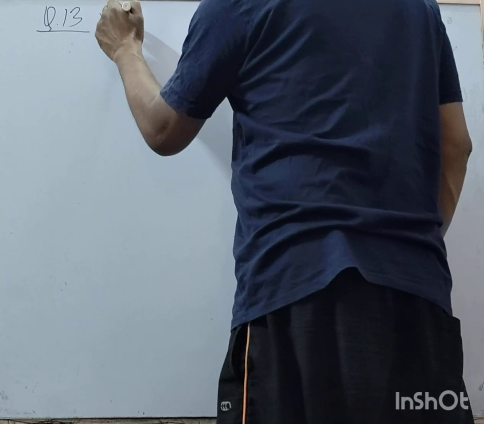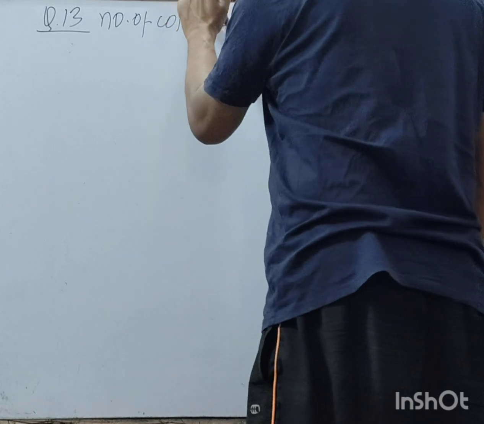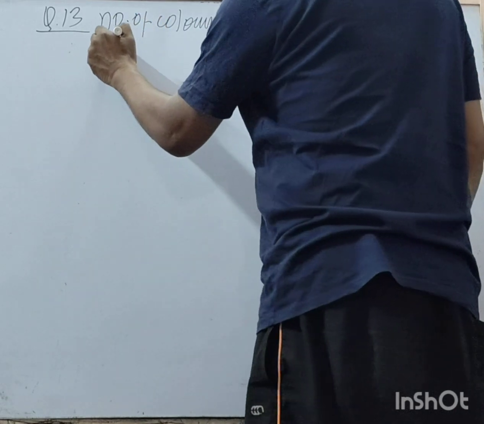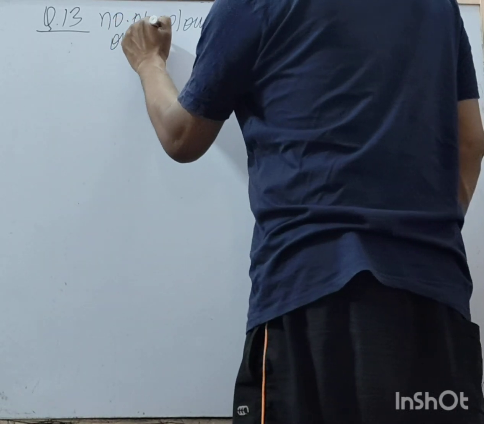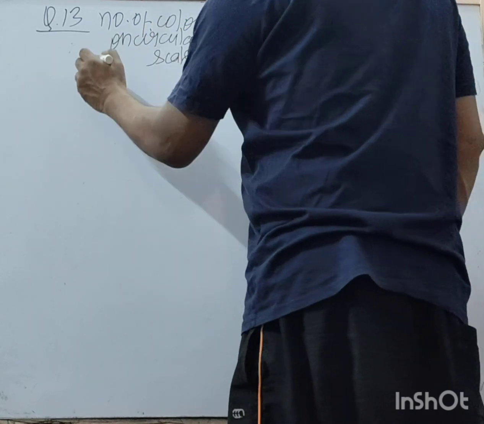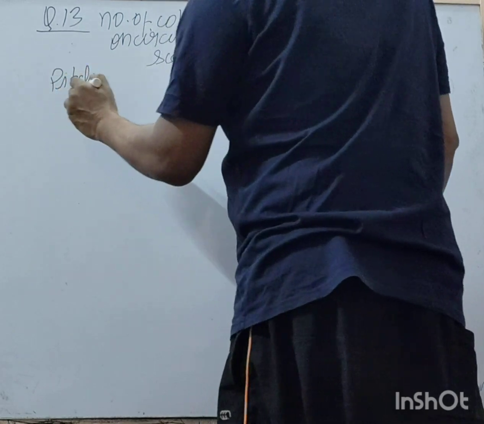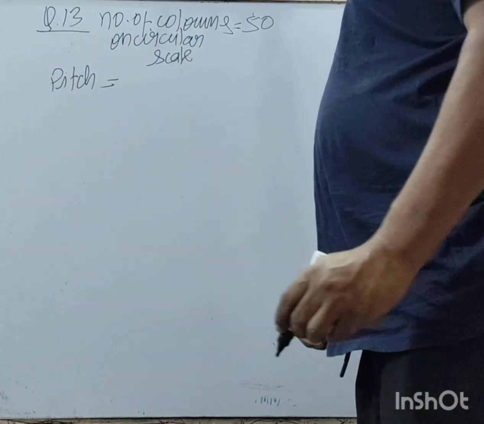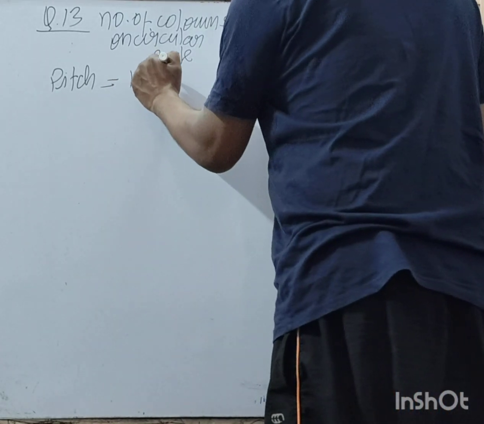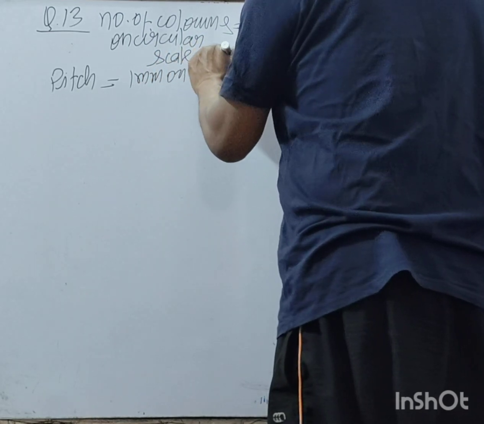So the number of columns on the circular scale is equal to 50. And the pitch: 50 divisions, and the screw moves 1 millimeter on turning it by 2 rotations.